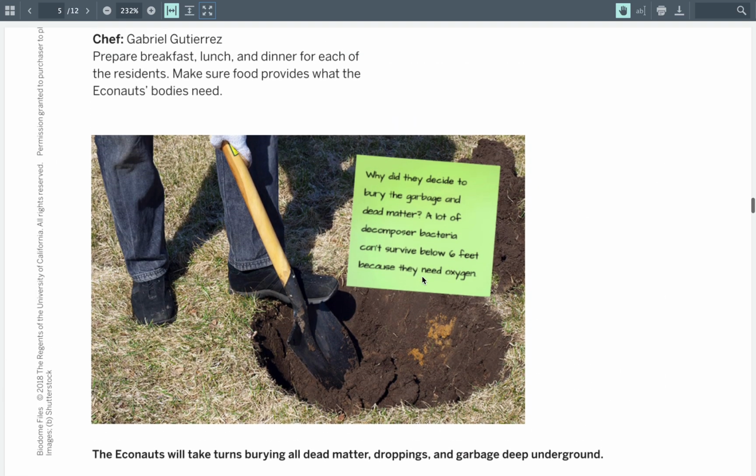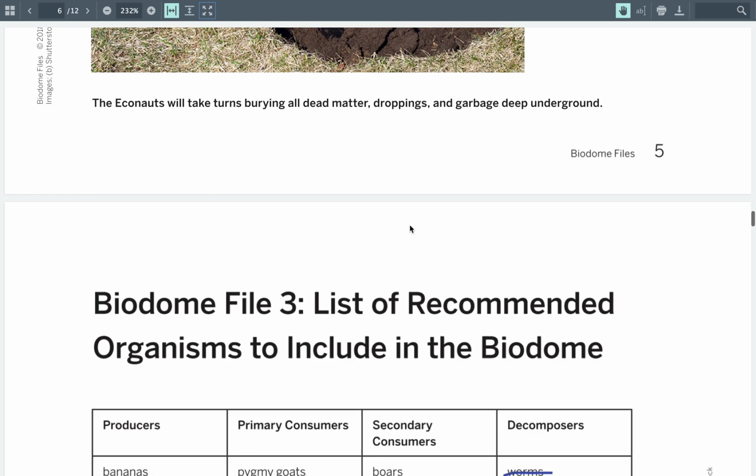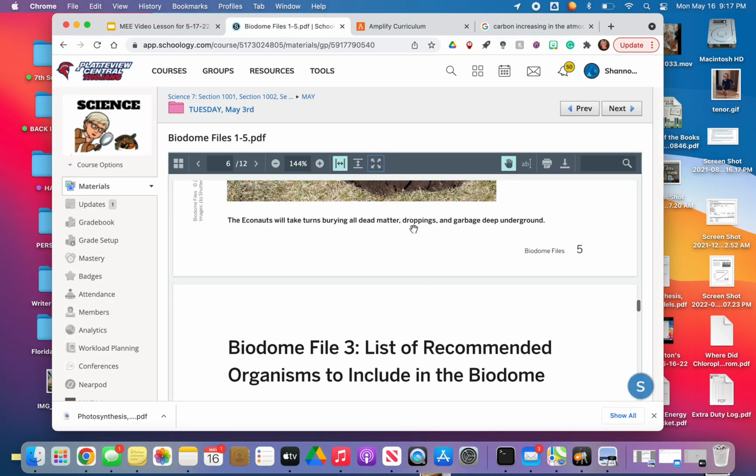And I want you guys, after you're looking at these little sticky notes, see if you can figure out why the decomposers decreased, and ultimately why there were not enough ESMs, why the carbons were not able to get recycled back up into the atmosphere so that photosynthesis could take place again.